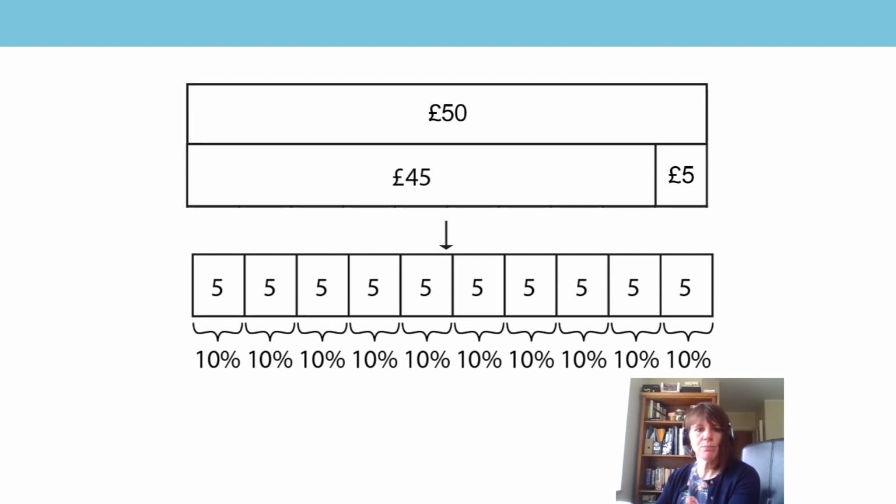I could also multiply 5 by 10, and 5 multiplied by 10 equals 50. 10 lots of 5 going across here equals 50. That really helps me to see the mathematics. But I wonder if you did it a different way. It doesn't matter how you draw your bar model as long as you understand what each number represents.